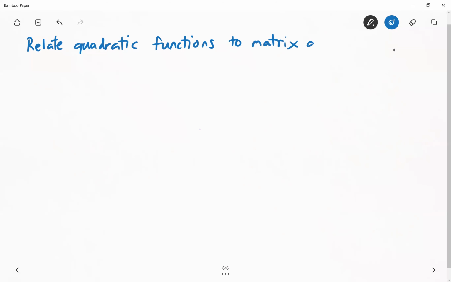And so now we'd like to relate quadratic functions to matrix algebra. So we're going to be looking at something called quadratic forms.